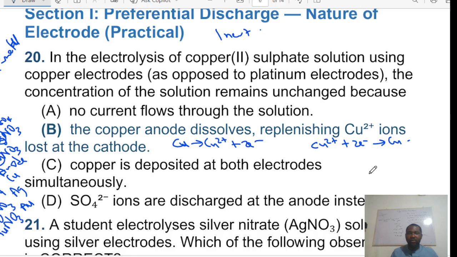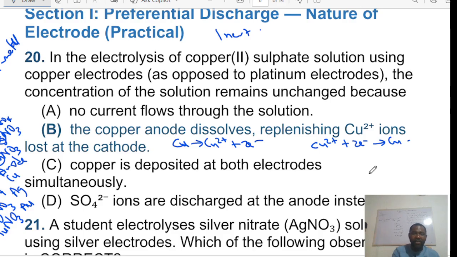Okay, so let's look at this, and here we are dealing with the nature of electrolysis. Number 20 says, in the electrolysis of copper(II) sulfate solution using copper electrodes as opposed to platinum electrodes, the concentration of the solution remains unchanged because A says no current flows through the solution.